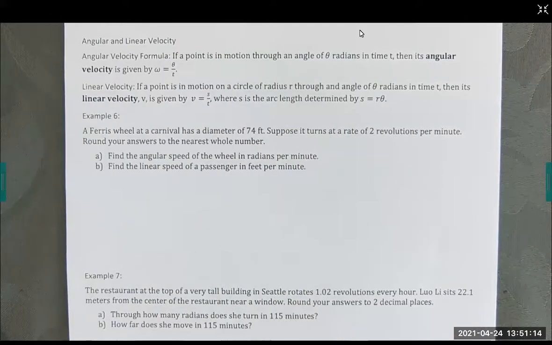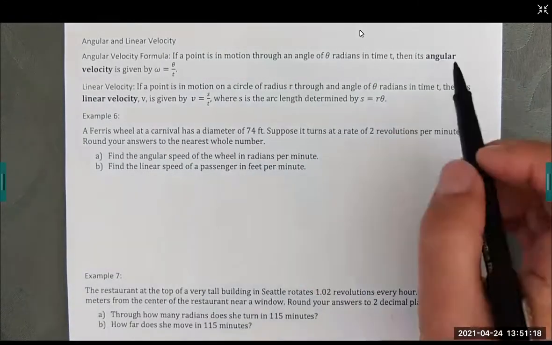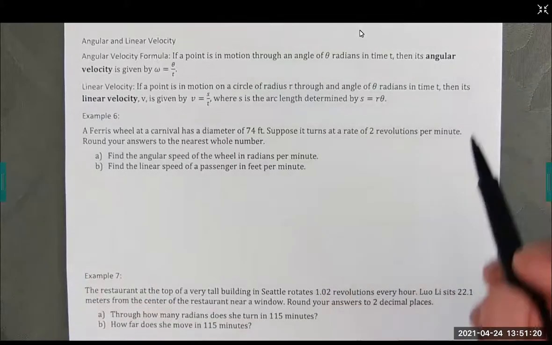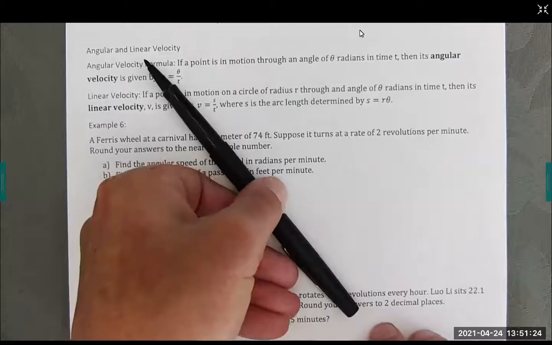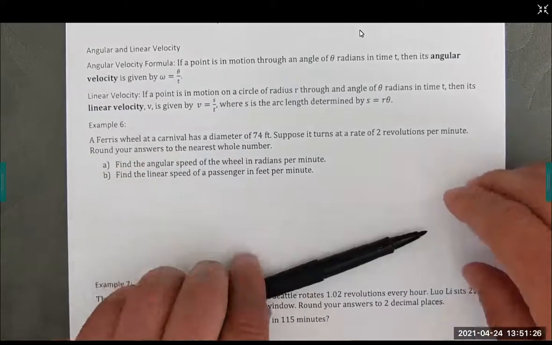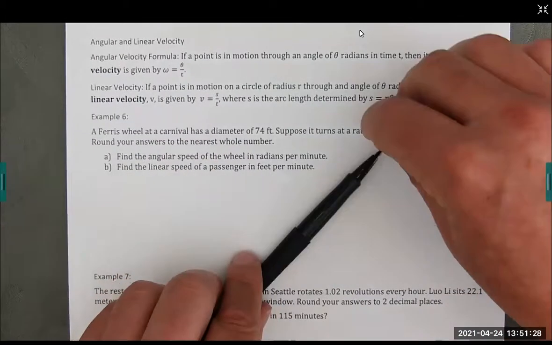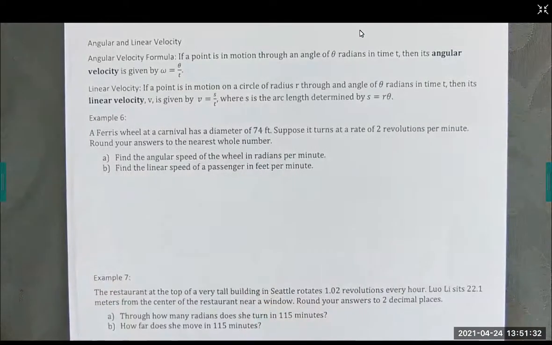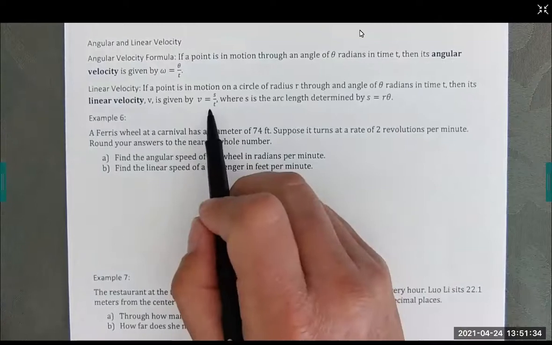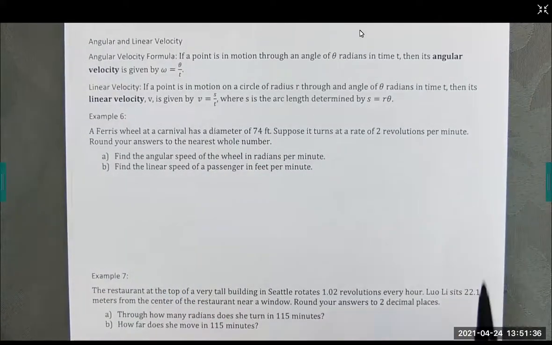divided by time. Now, linear velocity. The difference between angular and linear velocity: angular is measuring how quickly the angle is changing, versus linear velocity is if I'm on this thing, how far am I walking? Or how fast am I walking, pardon me. And that's given by V equals S over T, where once again, S is R theta.